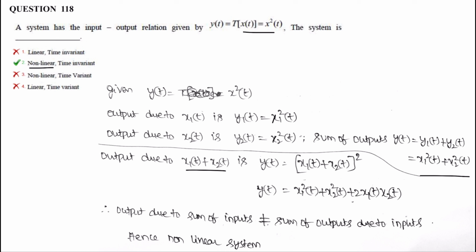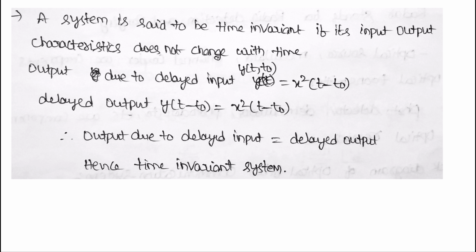So the given system is non-linear, and then we need to identify whether the system is time invariant or time variant. A system is said to be time invariant if its input output characteristics do not change with time. So let us find output due to delayed input, that is x square of t minus t naught, and then delayed output y of t minus t naught is equal to x square of t minus t naught.